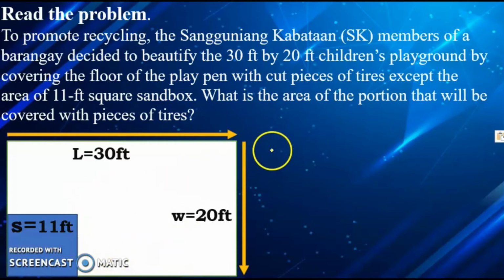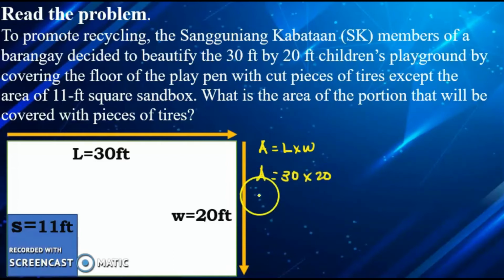Okay, so, try natin. Area is equal to length times width. Ito yung sa playground. So, area is equal to 30 feet times 20. So, area is equal to 30 times 20, which is 600 square feet.